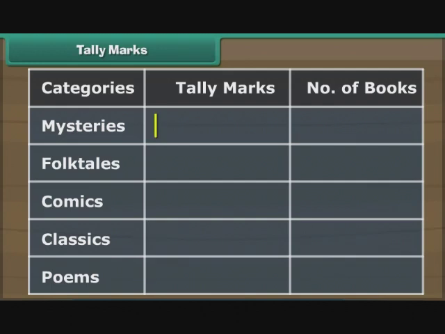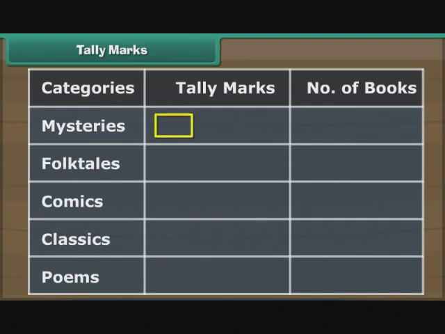Draw a vertical line against the mysteries category under the tally marks column for the first book in the category. Draw a horizontal line for the next book in the same category. Draw a vertical line for the third book in the category. Draw a horizontal line for the fourth book in the category and complete the rectangle.